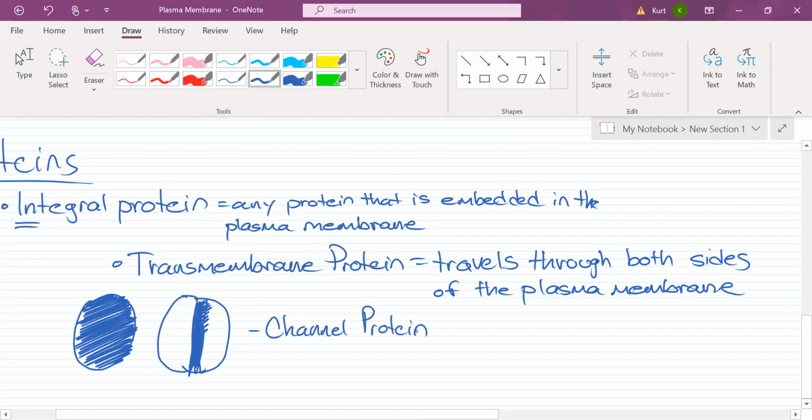This is like a tunnel going through a mountain. This allows for molecules that are not small and not nonpolar to pass through.